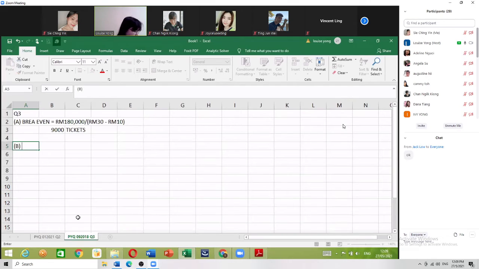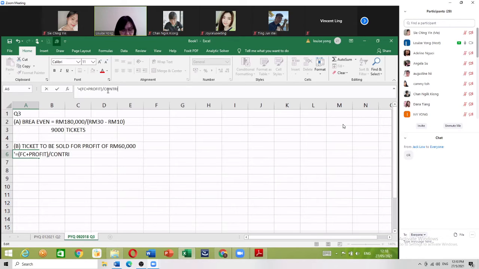So here is part B. Tickets to be sold for a profit of 60,000. So you use fixed cost plus your profit, and then divided by your contribution margin per unit.